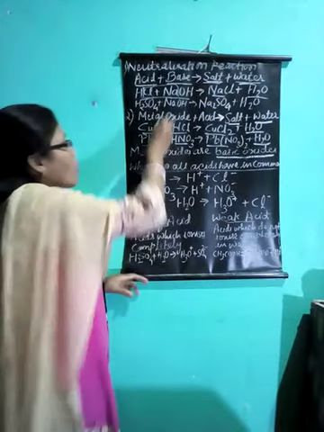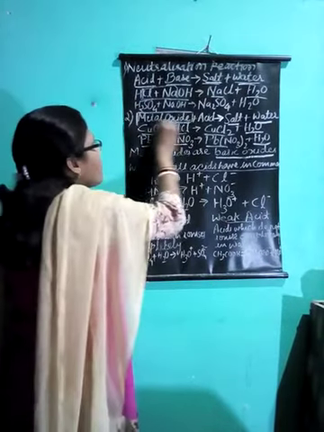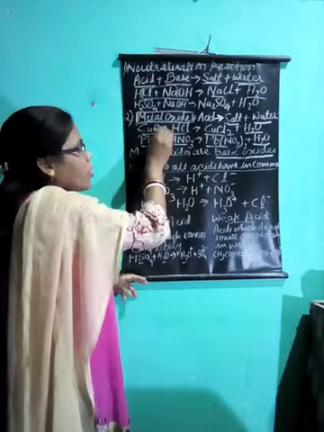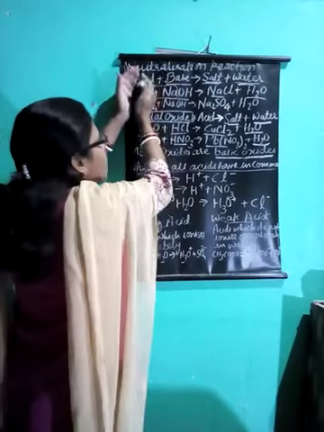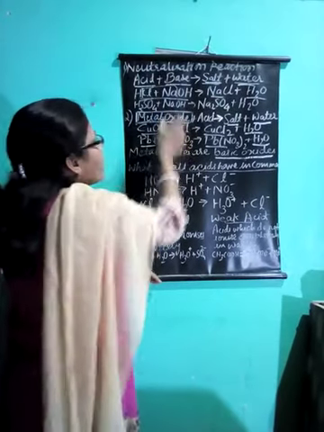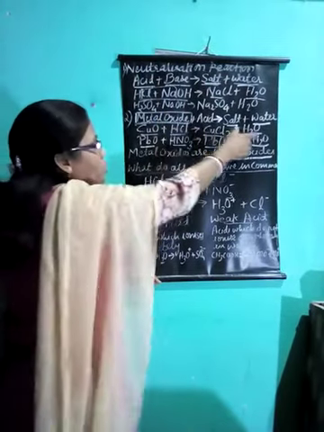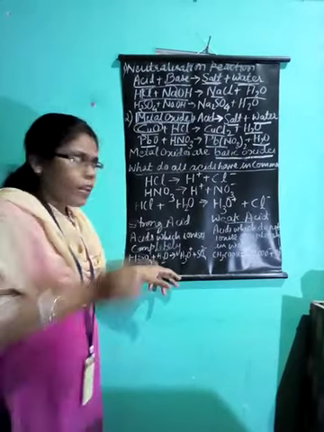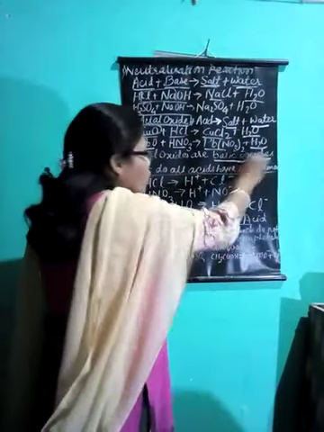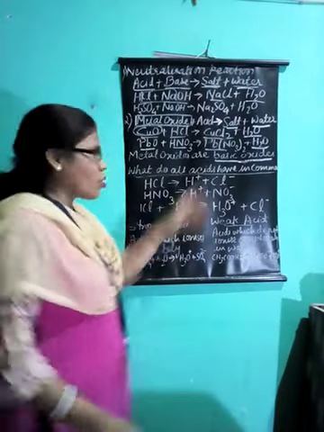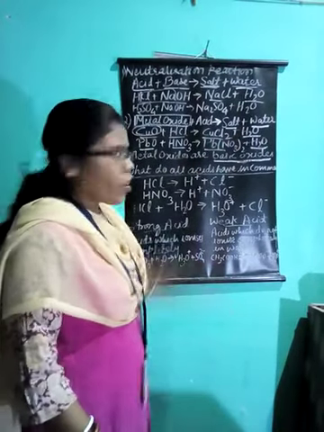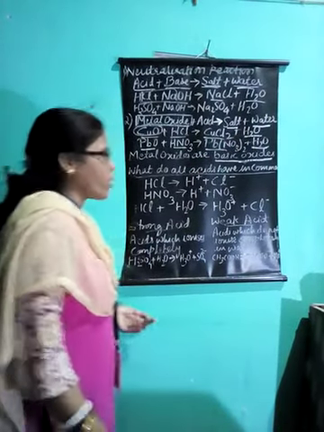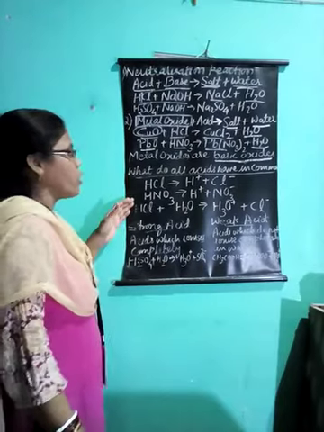Because this metal oxide behaves as a base. Like a base, when it reacts with acid, we get salt and water. So this metal oxide is acting as a base. So these oxides are called basic oxides because we get salt and water. That is, a neutralization reaction is also occurring here.